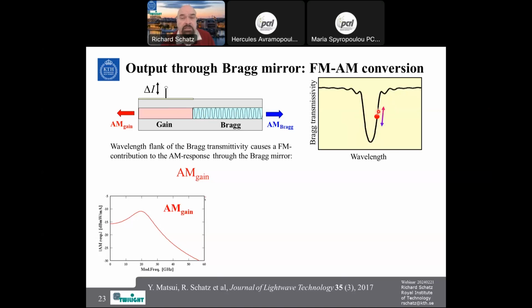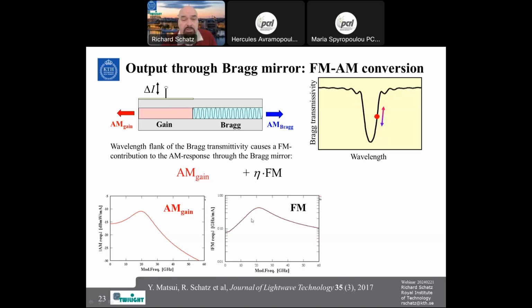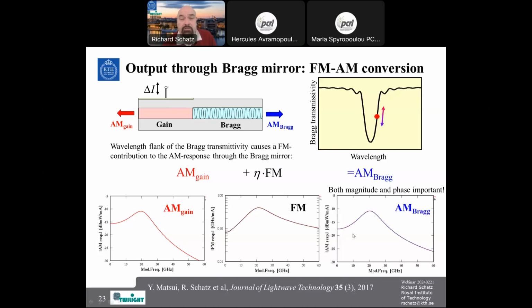When it blue shifts, the intensity will reduce, and when it red shifts, it will increase. The FM response of a laser has larger bandwidth than the AM response, and if you add a little FM response to the AM response by this FM to AM conversion, you get an effectively larger modulation bandwidth.